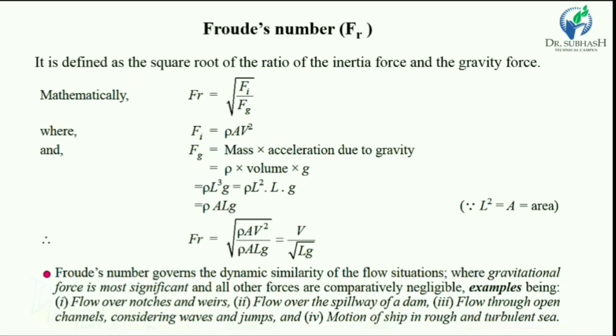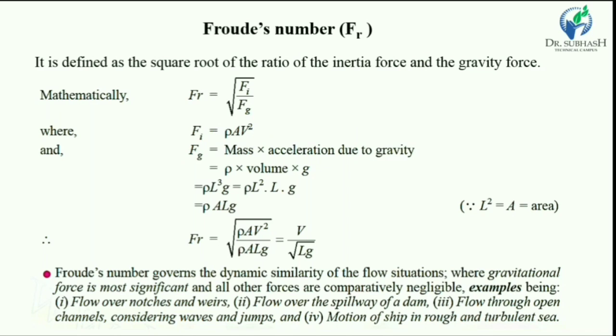Now we can find the equation of Froude's number. We know, as we discussed in Reynolds number, the equation of inertia force is rho A V square. Now Fg, the gravity force. We know that the gravity force is mass into gravitational acceleration.